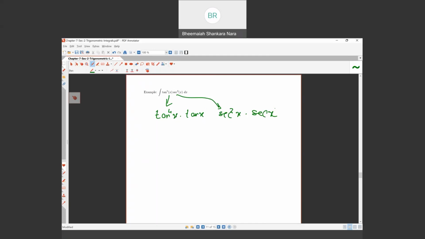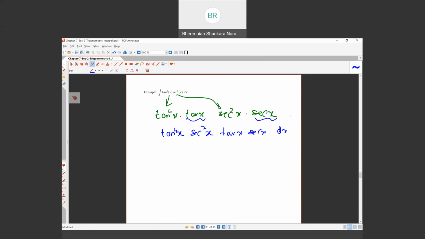When we split in this way, we want to rewrite this in the next step. I will bring the tangent to the 4 in the front and secant square in the second place, and I want to group this tangent and secant. Tangent times secant in the last place, and then the dx comes.